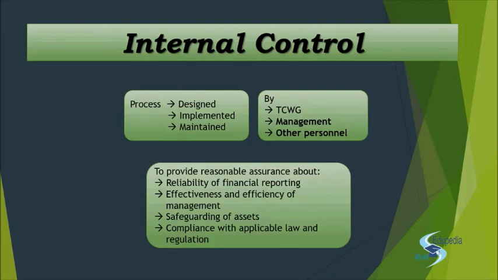When we talk about reliability of financial reporting, we mean that all the transactions, all the details, all the entries, the entire financial reporting, the financial statements are free from material misstatement, right? So your controls have been so strong that the chances of material misstatement in the financial reporting are reduced, right? That is the kind of assurance you have to give. That is the kind of process you have to design, and that process is your internal control, right?